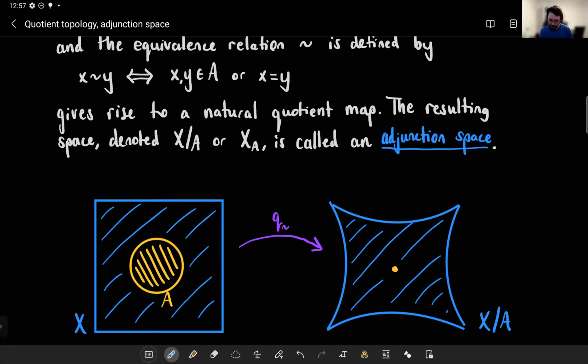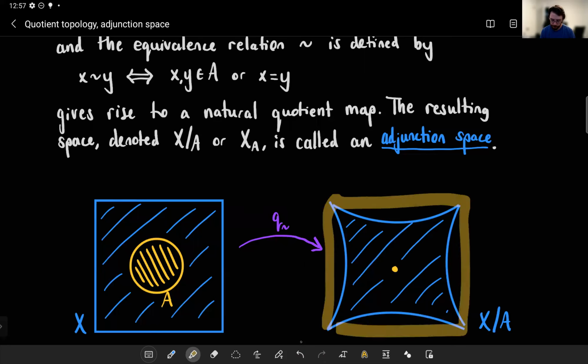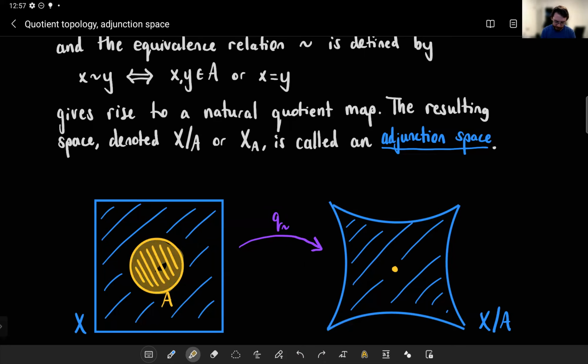Okay, so you can think of the sides pulling in if you want. You don't really have to. Topologists don't care so much about shape. So I could have drawn this thing on the right as a square still. The important thing is that everything in A gets identified to a single point.